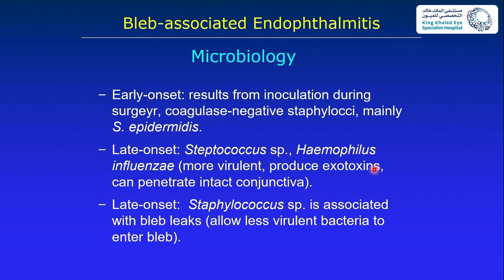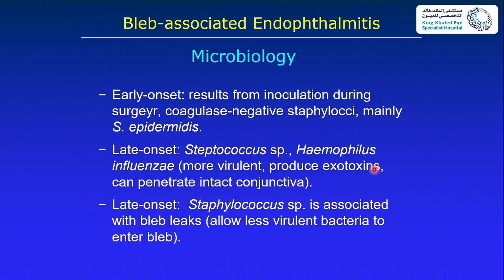Now, what is the microbiology? As we discussed, the early onset cases that develop within days after the surgery are mostly caused by coagulase negative staphylococci, mainly Staph epidermidis, because this is coming from the conjunctival flora. Same like cataract.